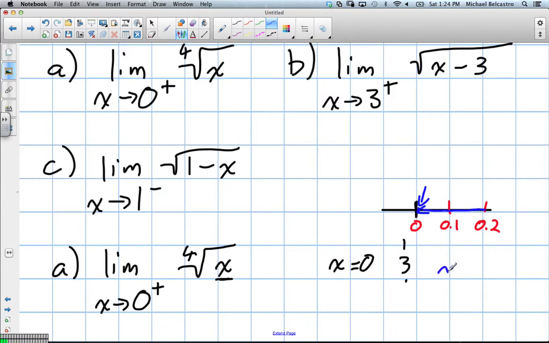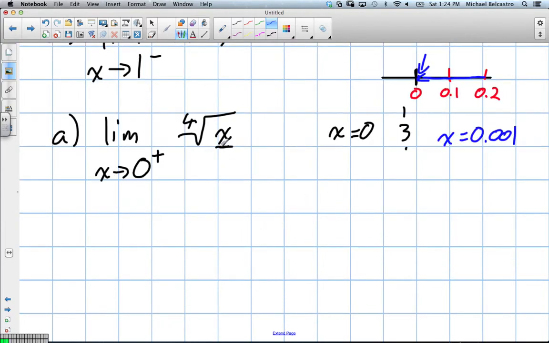So maybe something like x is equal to 0.001. That would be really close to 0 and approaching it from the right side. So the limit of the fourth root of x as it approaches from the right, we're going to substitute in our 0.001.